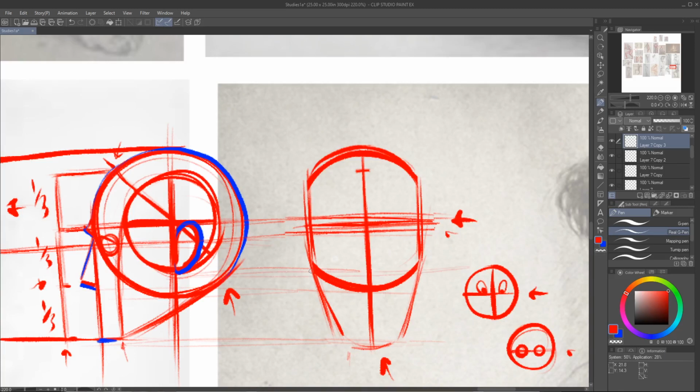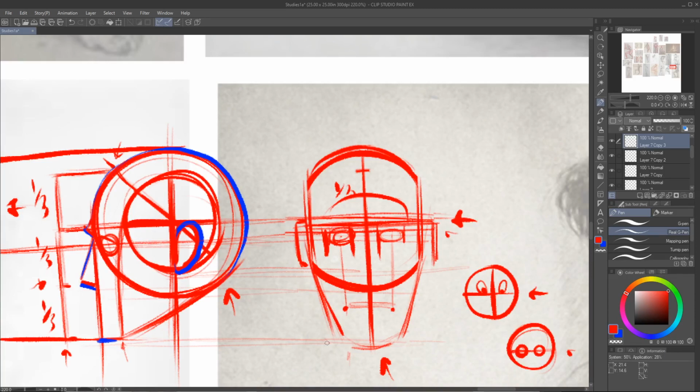But it's the same idea. I use the same measurements in profile that you do for this. For straight on, top of the ears are here, eye line is here. Oh, the other thing is that you divide this into thirds for where the eyes are placed, and roughly the corners of the mouth are located about the center point of the eye.